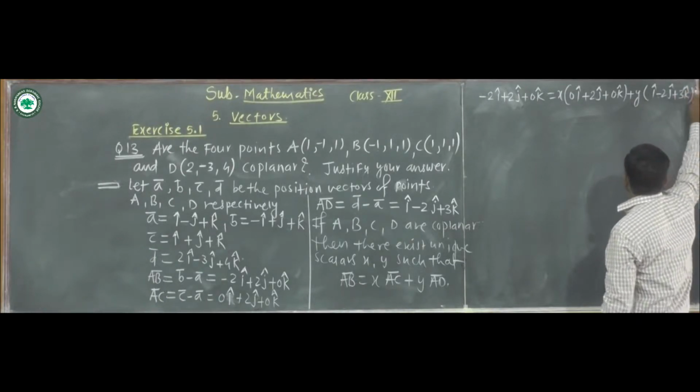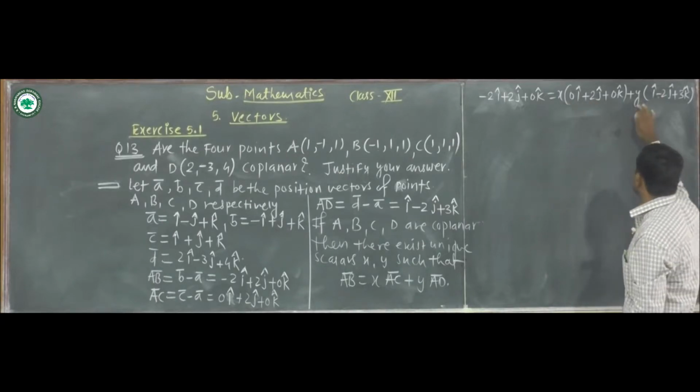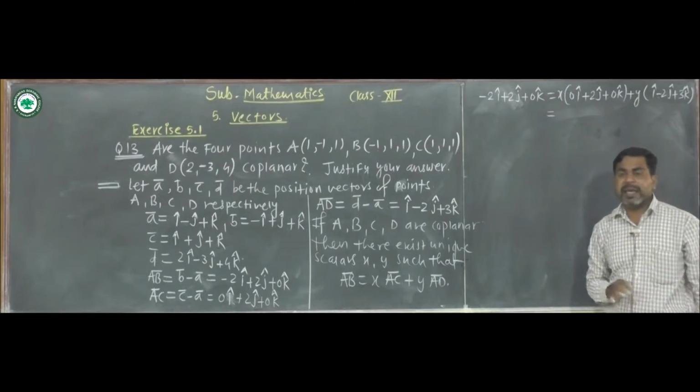Okay. Now on the right hand side, multiply the first bracket by x and the second bracket by y and collect the components of I, j, k together.